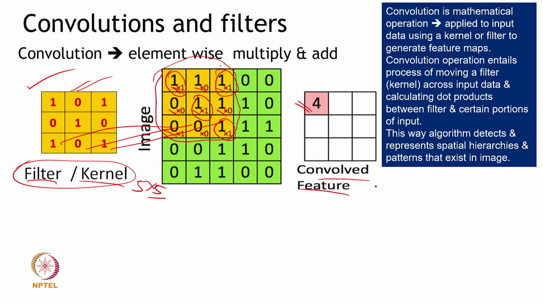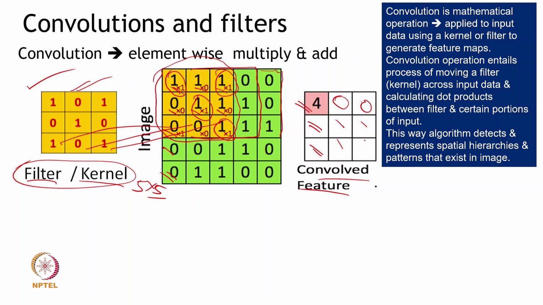Now same thing, if I slide by 1, that means instead of this position I move the filter to the next one, then I'll multiply and get a second number here. Then I multiply once again, stride one more, and I'll get a third feature. Similarly, if I slide downward, I'll get another feature, then this feature.